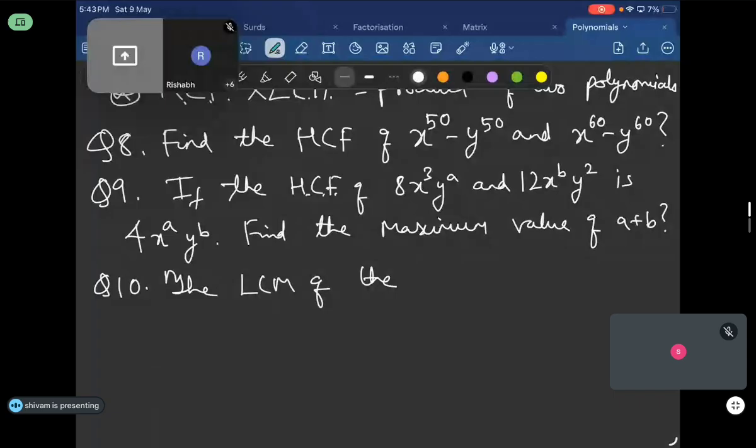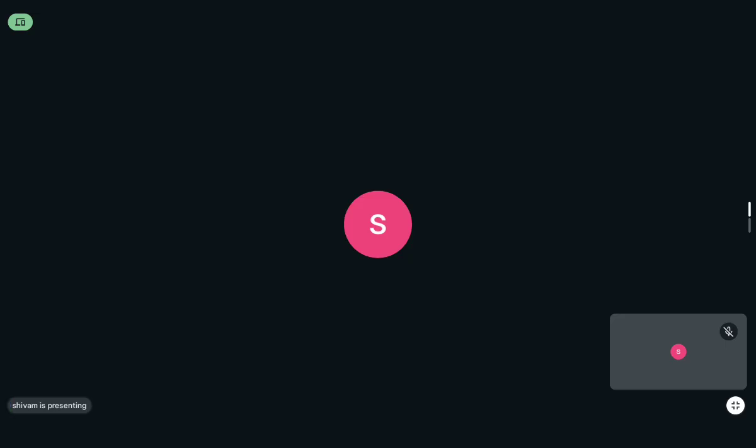The LCM of the polynomials x square plus x minus 2 into x square plus x minus a, and x square plus x minus b into x square plus 5x plus a, is x minus 1 into x plus 2 whole square into x plus 3 into x minus 2. Find a and b. Solve.